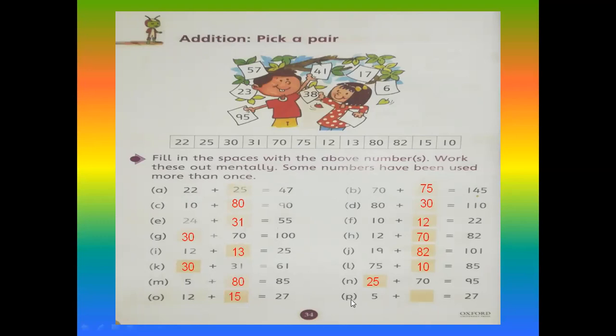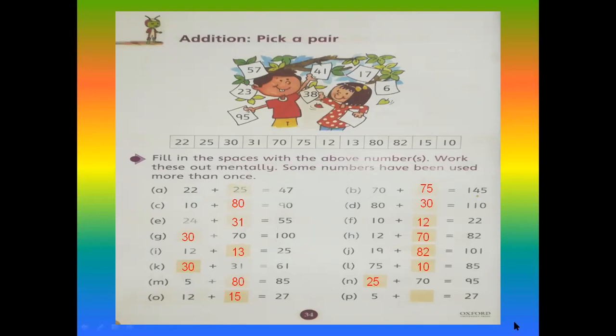And the last one, P part: 5 plus dash is equal to 27. So look, 5 plus 27. So this is 27, this is 5, and you can do this one. Check, this is 22, first number 20, after 22: 23, 24, 25, 26, 27.